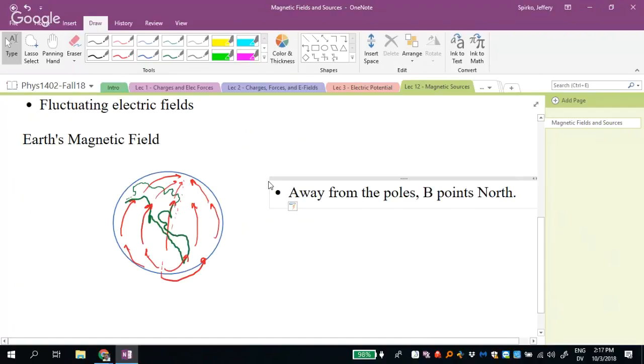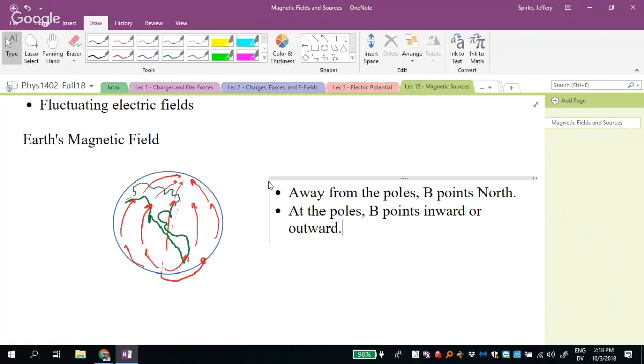Away from the poles, on the surface, B points north. At the poles, the magnetic field points inward or outwards. Now we have special words that refer to inward with respect to the Earth and outward with respect to the Earth. They're very common words, up and down.